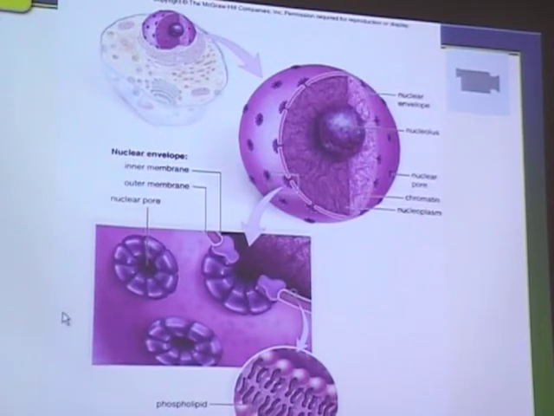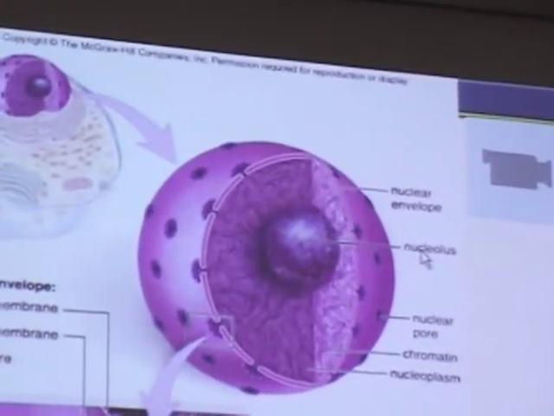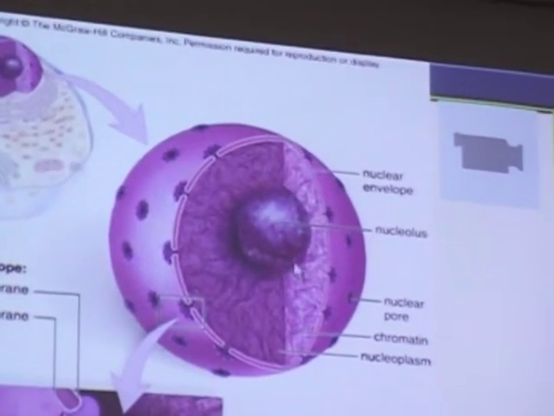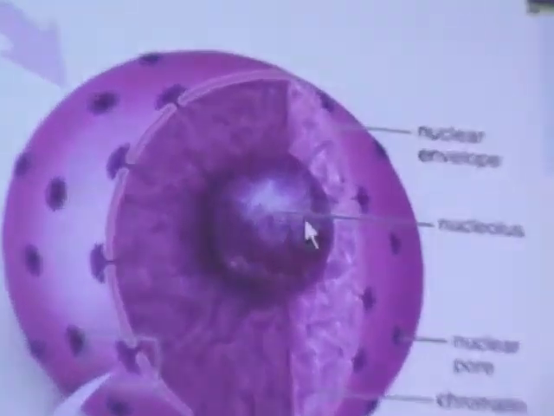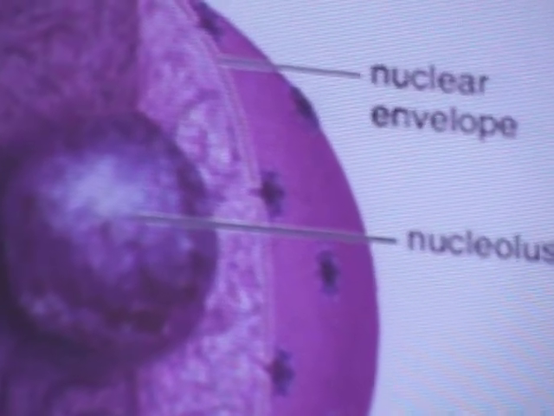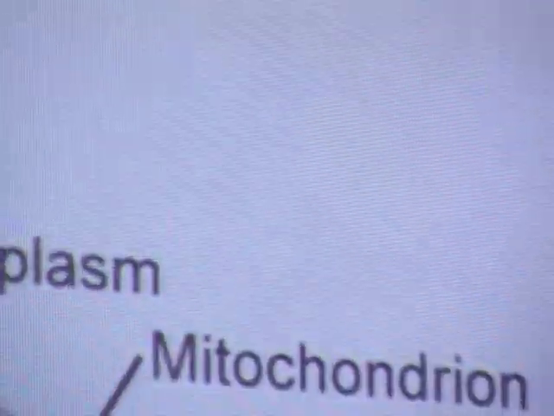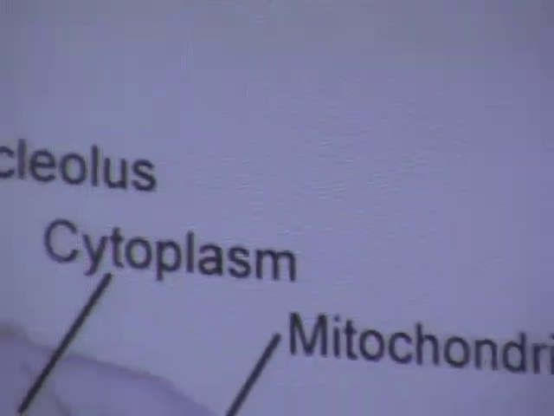Listen, up here. If you look in the nucleus, you see a big, dark sphere that's called the nucleolus. The nucleolus is inside the nucleus, and the job of the nucleolus is to make ribosomes. Ribosomes look like little dots, and the job of the ribosomes is to make proteins.